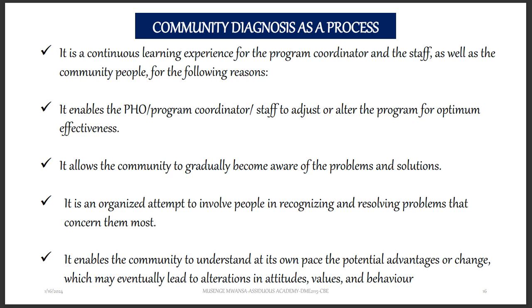Community diagnosis is also going to enable the community to understand, at its own pace, the potential advantages of change, which may eventually lead to alteration in attitude, values, and behavior. Imagine you have identified a new disease in the community. Understanding that disease enables the community to know that there can be a potential change or advantage.